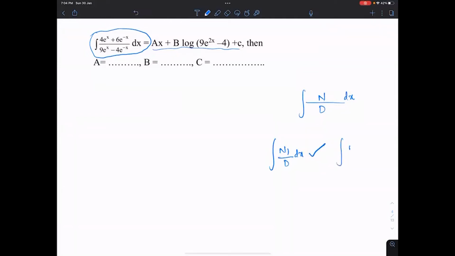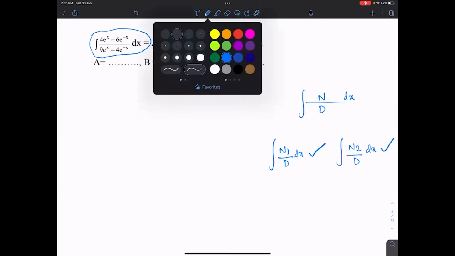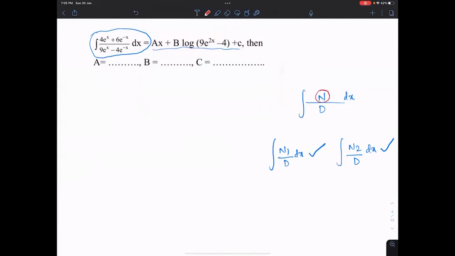If I change the numerator to n2, same denominator, let's say this also you know how to integrate. And you have observed that this n is a combination of n1 and n2. That is, some a times n1 plus b times n2 is your n, for example. Then this integral I is nothing but a times this integral plus b times this integral, right? We are just separating the two integrals.